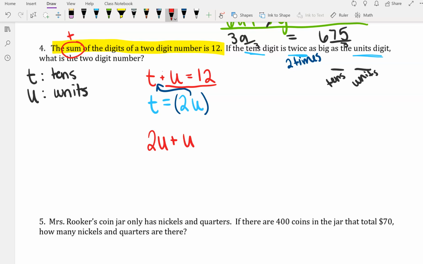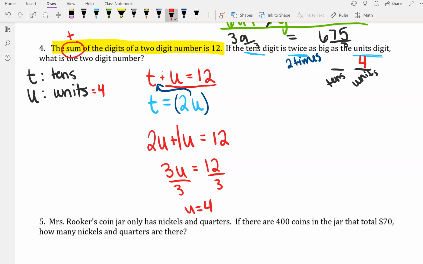So plus U equals 12. And then I just have to combine like terms. 2U plus 1U is 3U equals 12. And then last step, divide away the 3. U equals 4. So the units digit is 4.